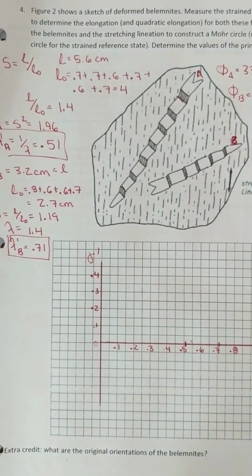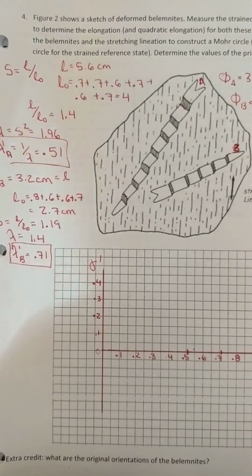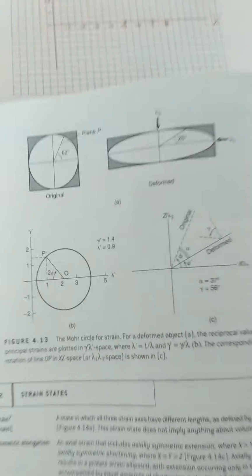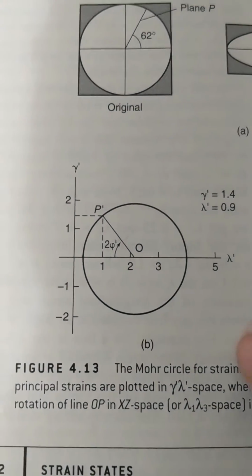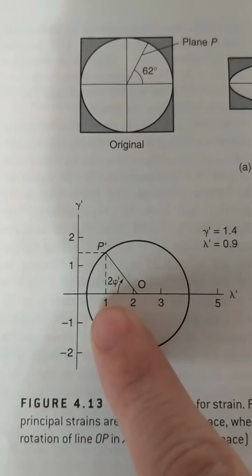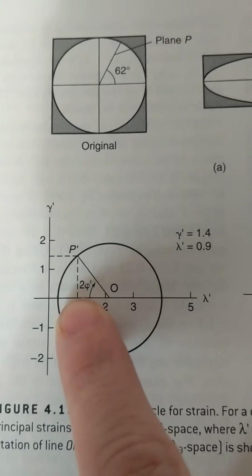Now ultimately what we're doing is we're trying to figure out the actual Mohr circle for strain. So if we look at this diagram from our book, figure 4.13, we have now figured out this point on the Mohr circle.